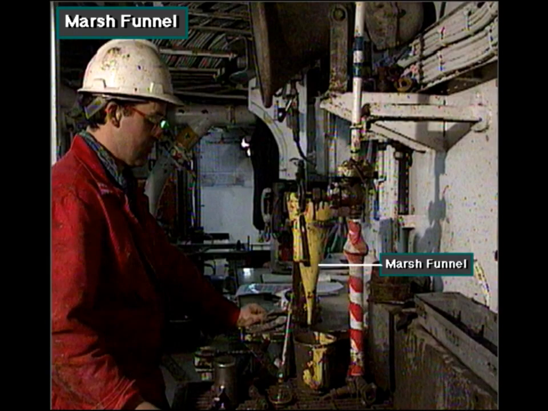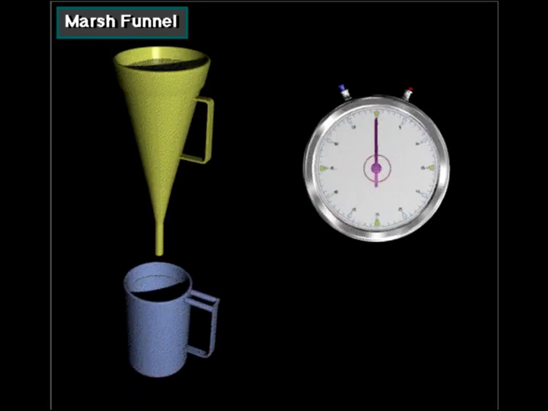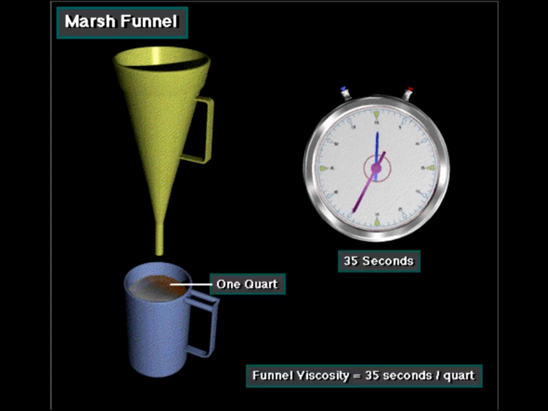A Marsh funnel has a hole in the bottom that is a standard size. The mud engineer, or helper, pours 1 quart of mud into the funnel and records the time it takes to run out into a pitcher or beaker. In this example, 1 quart of mud flows out of the funnel and into the beaker in 35 seconds.